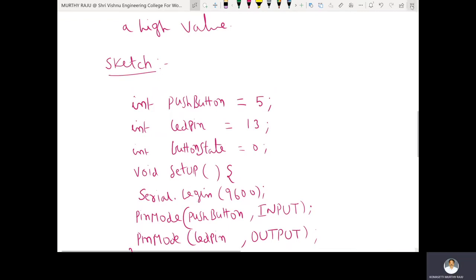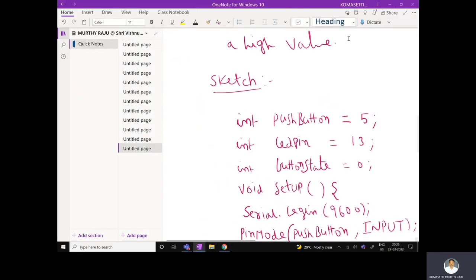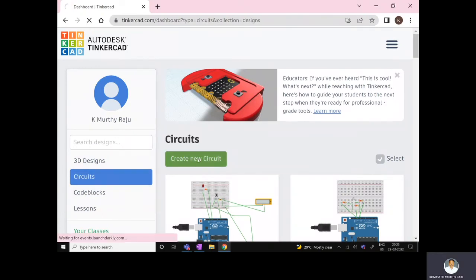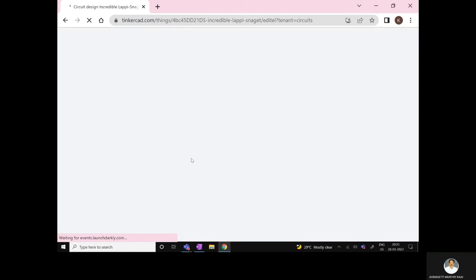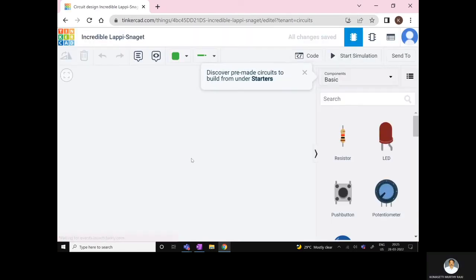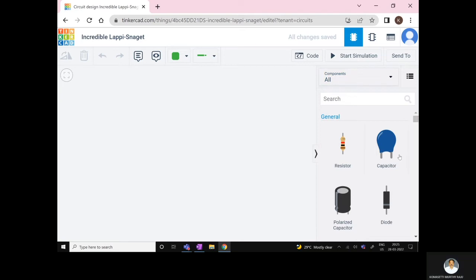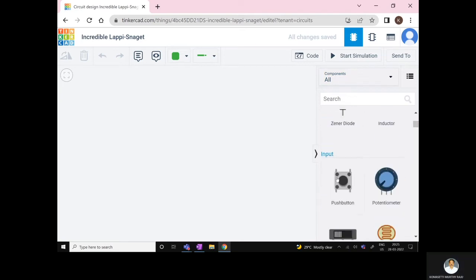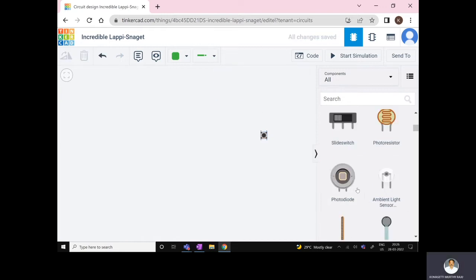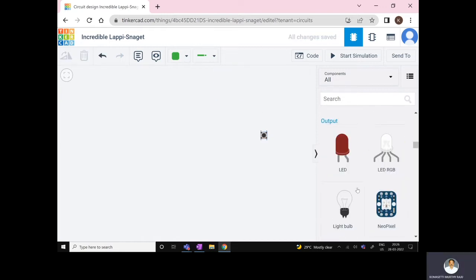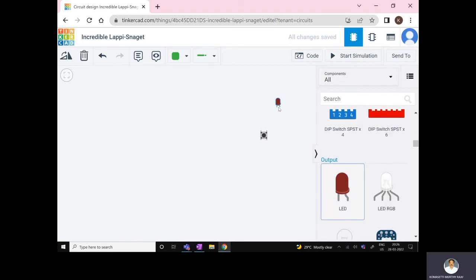Now next step is we will see this one in Tinkercad simulations. Create new circuit. Pick up the components. Here, this one is a switch, and one breadboard, one LED.